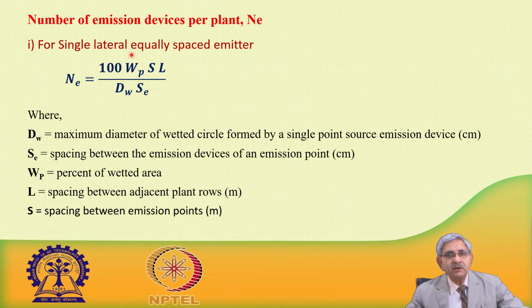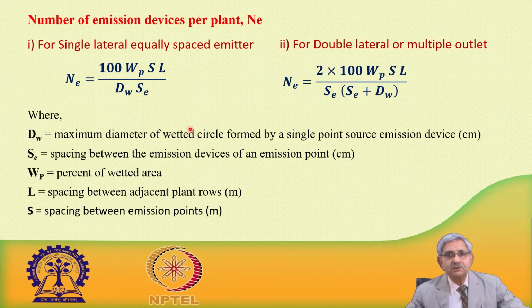That can be given by the weighting percentage multiplied by the spacing between the emission points, then the length or spacing between the rows, and the maximum diameter a particular dripper spreads, that is the weighted diameter, and S is the spacing between the emission devices. Accordingly, for double lateral or multiple point, one can find out the number of emission points.